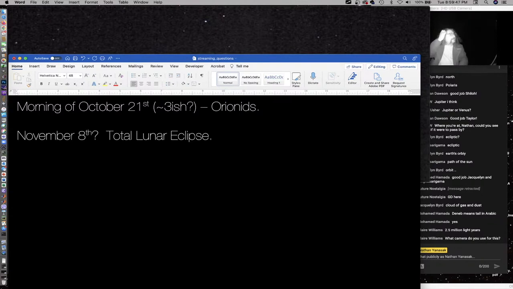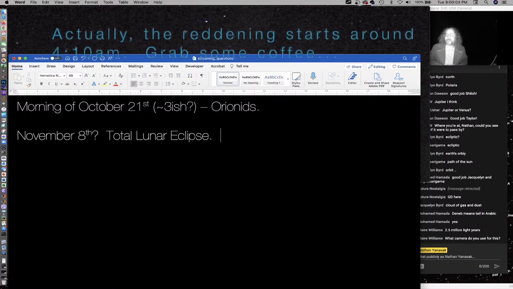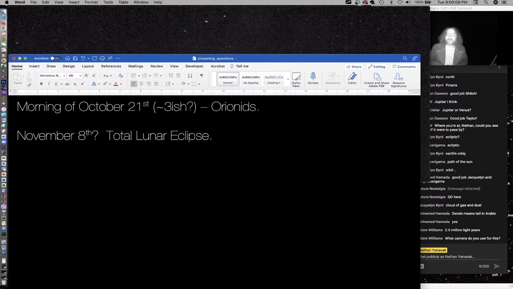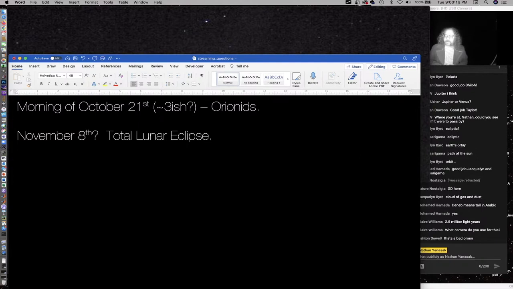It's actually maximum around 5:30 a.m. I don't remember when it begins, but it's going to begin to really be visible somewhere around 3 a.m. And then at sunrise, as the moon is going down, the moon should actually be total. So it should be fairly dramatic.